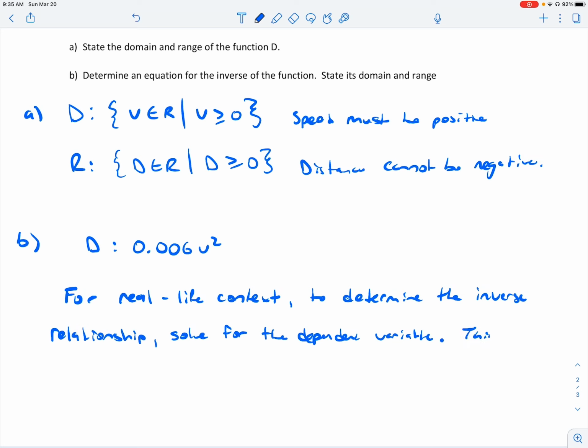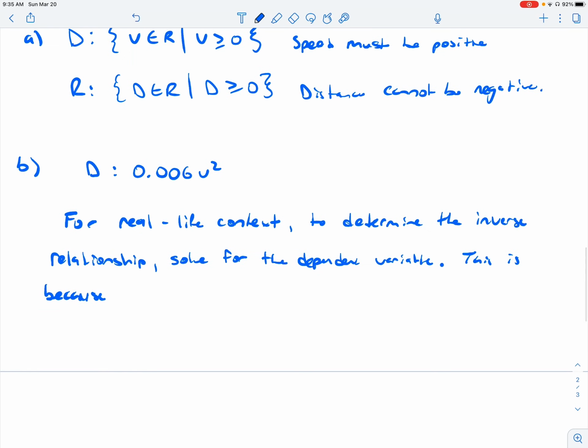This is because the cause and effect relationship between the two variables cannot change.